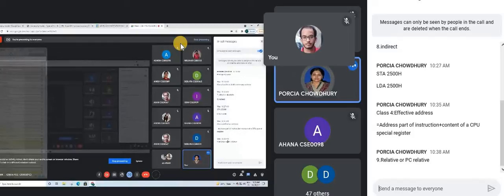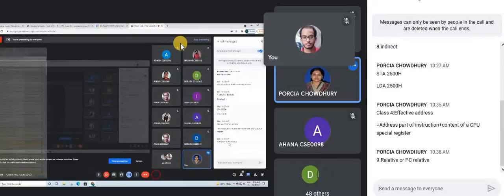So what can we say about this? In this type of mode, the effective address is obtained by adding the content of the program counter register with the address part of the instruction. So in this relative or PC relative address mode, how can we calculate the effective address? Address part of the instruction plus content of program counter.